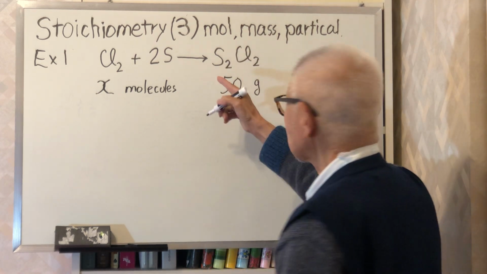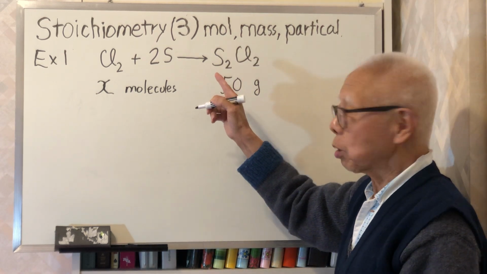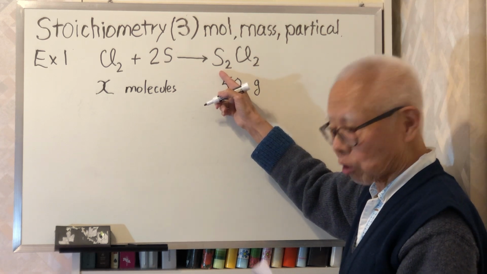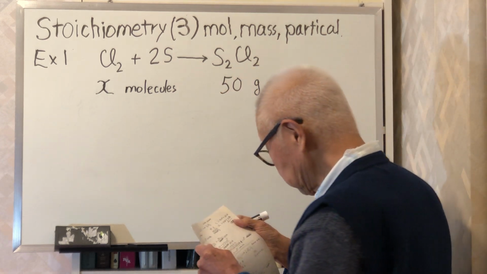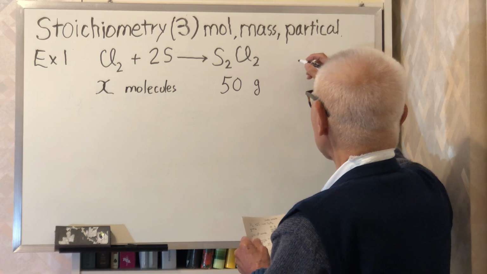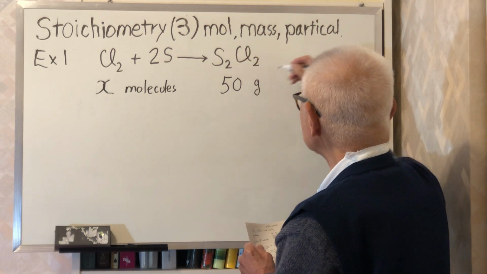Go to the periodic table. Find the atomic mass of sulfur.